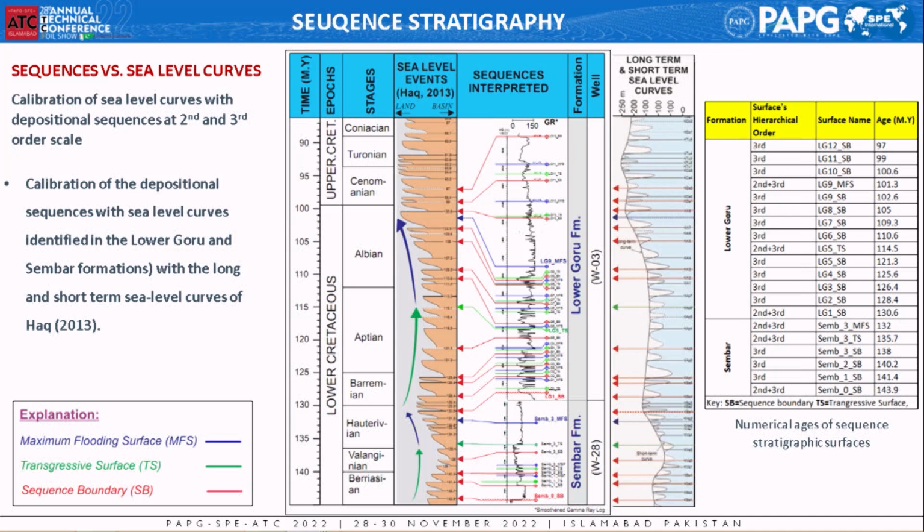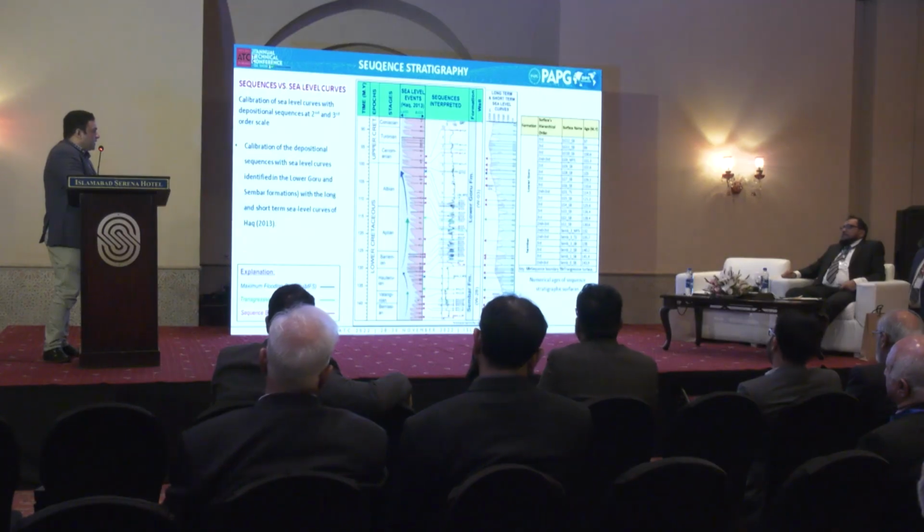And you can see here the cycles of the sediments, which is prograding here, has very nice correlation with the falling sea level here on the second order, and the third order fluctuations are also represented by the finer beds, by the thin beds in the Sambar formation.